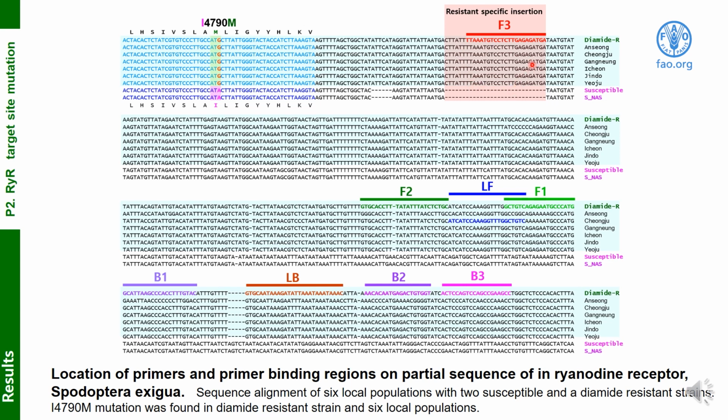Based on this sequence, we designed species diagnostic primers. Here is the mutation: this resistance-specific insertion was linked to the I2M mutation. So we tried to make a diagnostic method, and this is the result.